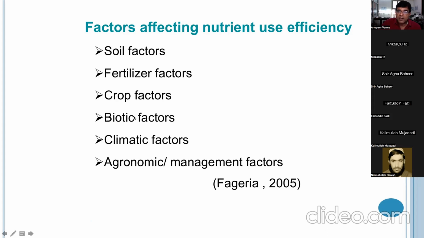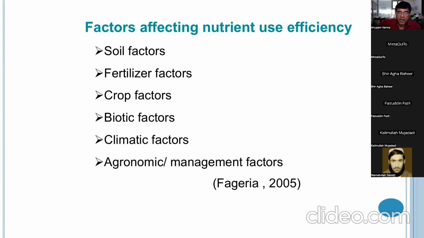Then biotic factors are insects, pests, diseases, and weeds. They also adversely affect the nutrient use efficiency. Being agronomy students, you understand how these biotic factors can reduce the nutrient use efficiency, and if we can manage them, then we can increase it. Climatic factors: rainfall, temperature, sunshine hours, or light intensity, all these affect the nutrient use efficiency.